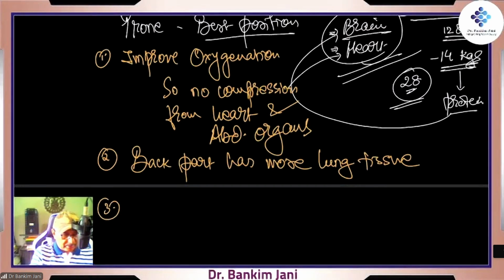And third, when the patient is like this, there is mucus secretion, because when the situation is bad, the mucus which is formed by the lungs, if it goes back, it will be blocking some alveoli. In this position, it will start accumulating into the mouth or it will come out. So there is better mucus drainage.